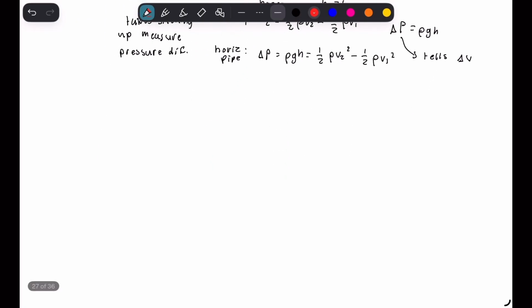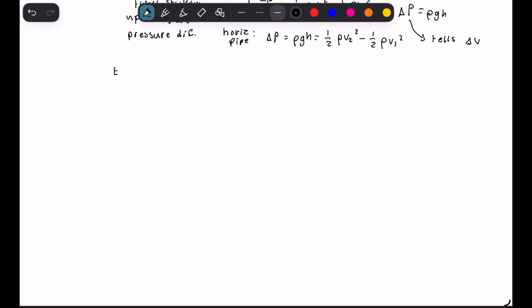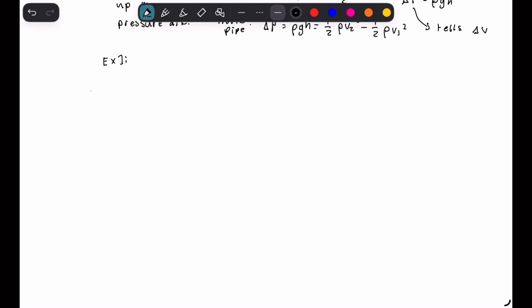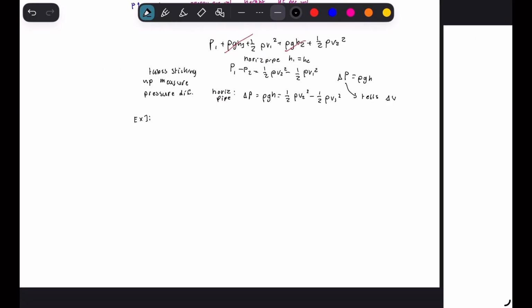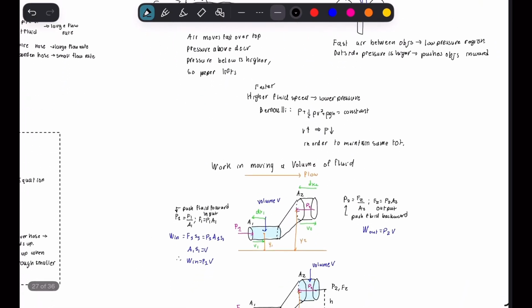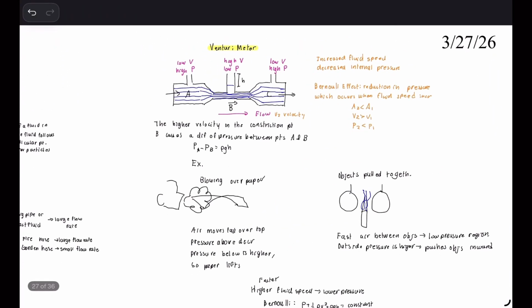So let's say we have an example. Let's say we have a setup like we did earlier with the Venturi meter.